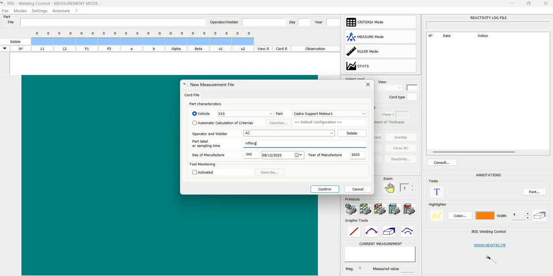I just put that in, and the day of manufacture of this part. And we can so monitor the tools. But in this case, I just confirm.